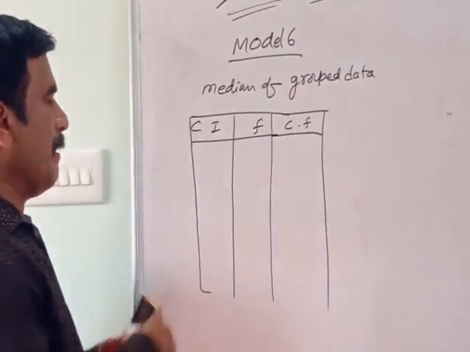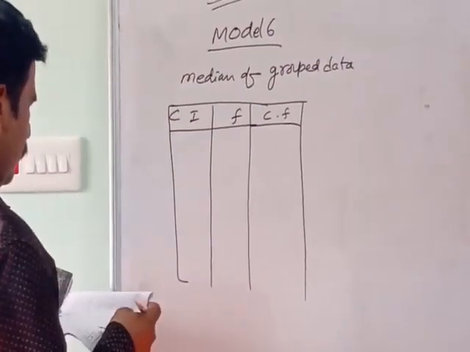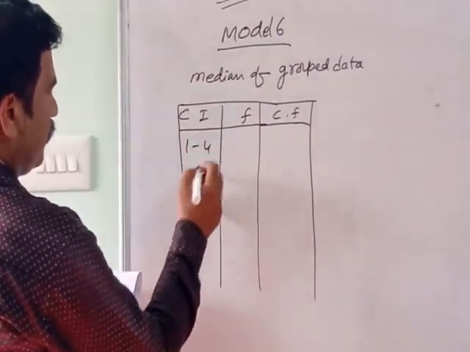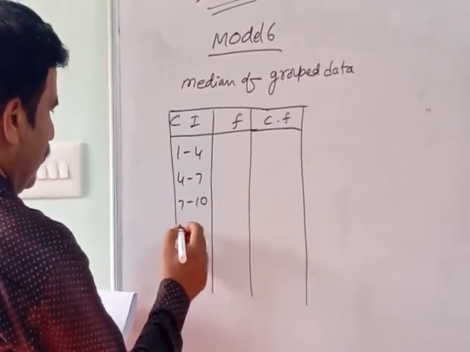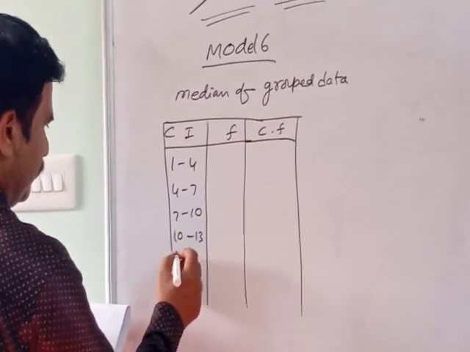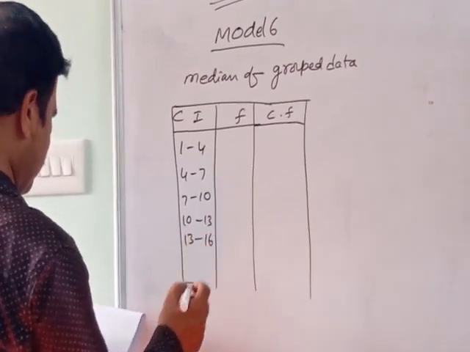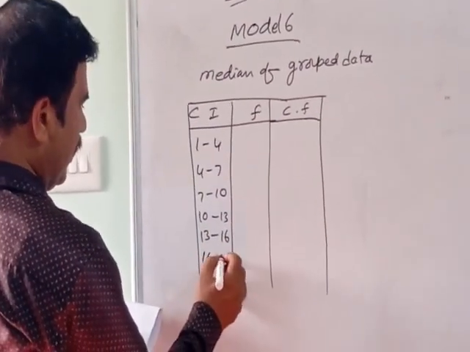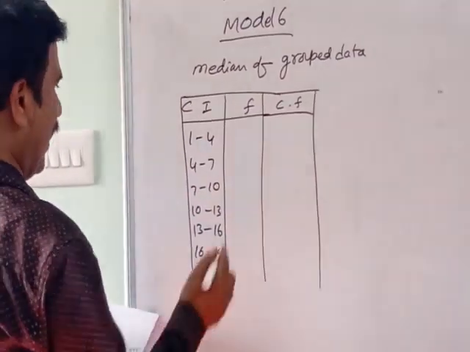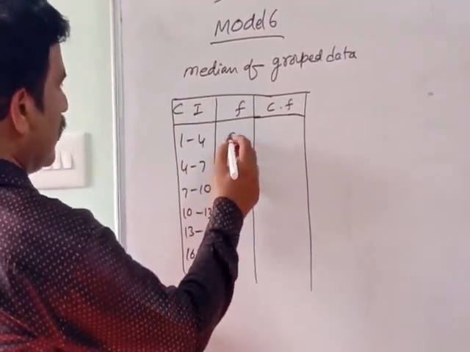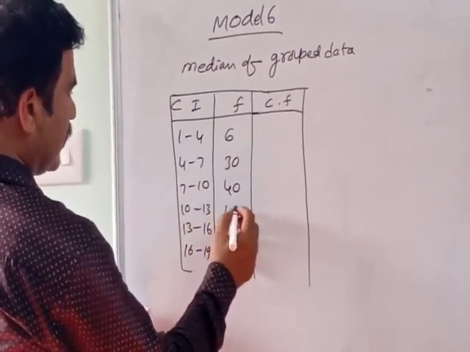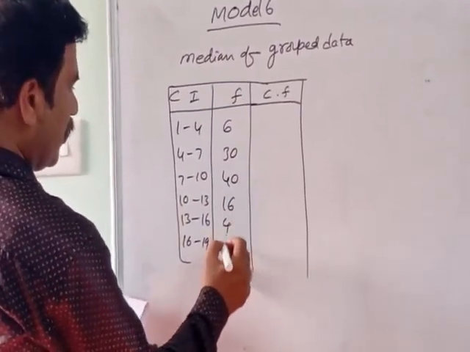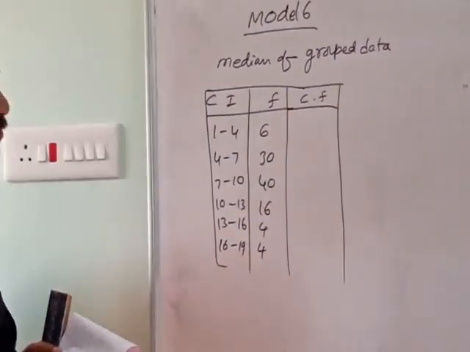Example: 1 to 4, 4 to 7, 7 to 10, 10 to 13, 13 to 16, 16 to 19. Frequency values 6, 30, 40, 16, 4 and 4.